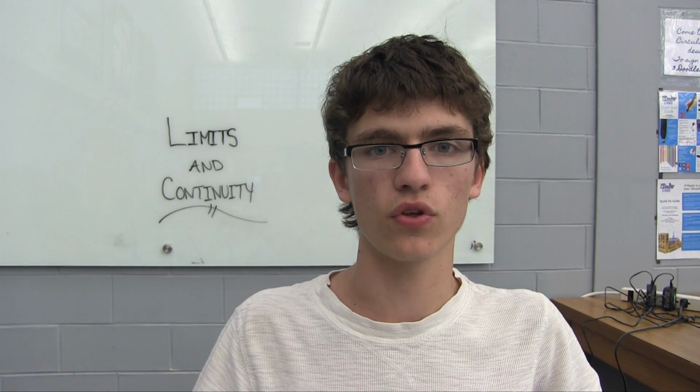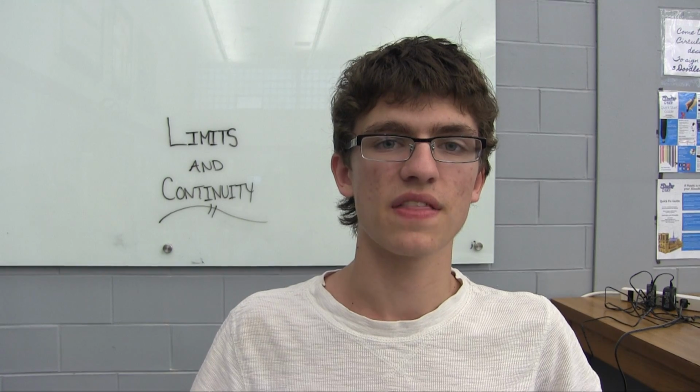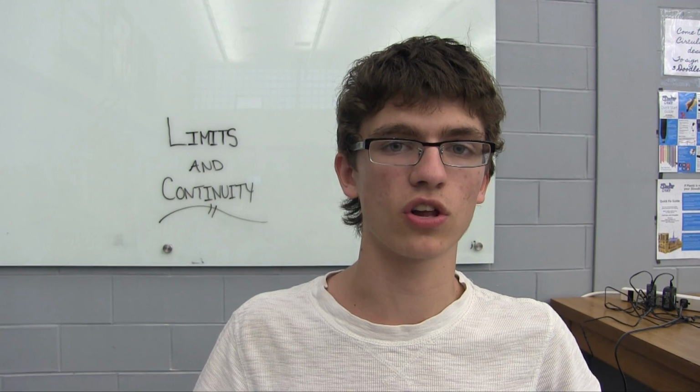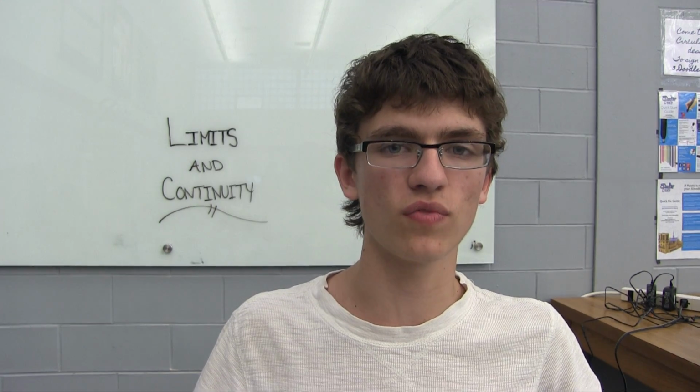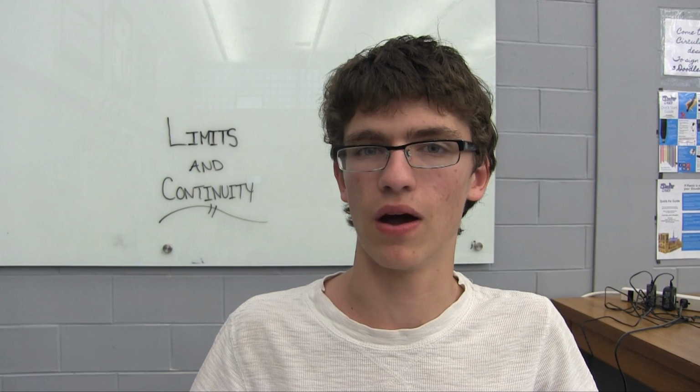This brings us to one of the most important theorems in all of calculus, the intermediate value theorem. This theorem states that if f of x is continuous on a closed interval a to b, then it takes on every single value from f of a to f of b. This may seem intricate, but it's actually a very basic thing that you probably already understand about graphs.